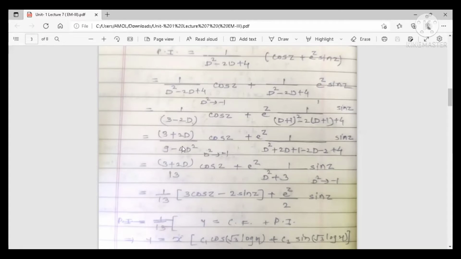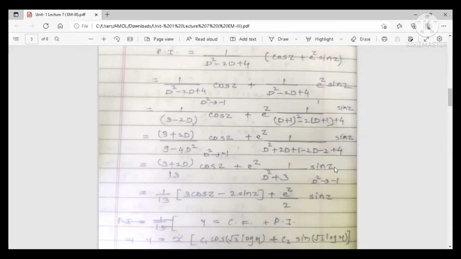If we replace D square by minus 1, it will be minus 4 into minus 1 plus 9, so 9 plus 4, 13. So in the denominator the term is 13. In the numerator the term is 3 plus 2D. So 3 plus 2D upon 13 into cos z, plus e raised to z, its work is over so it is as it is. Now simplify the denominator term: D square plus 2D, minus 2D get cancelled. 4 plus 1 is 5, 5 minus 2 is 3. So it is 1 upon D square plus 3 into sin z.